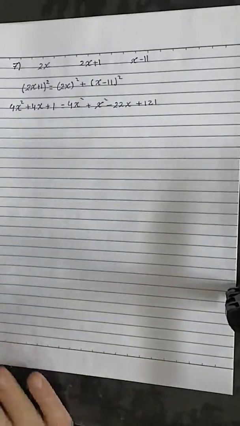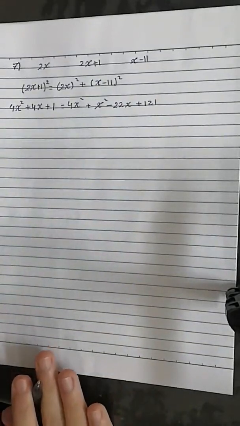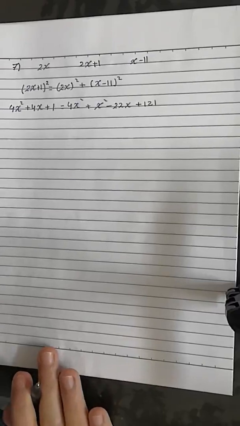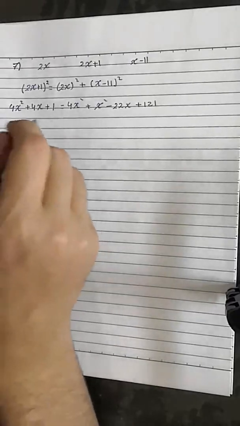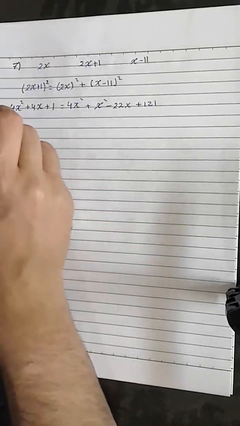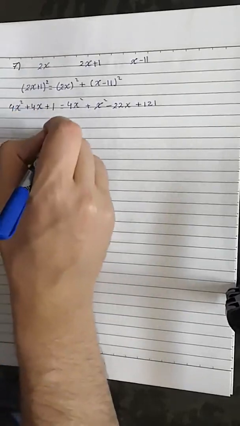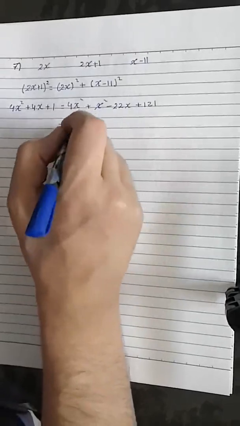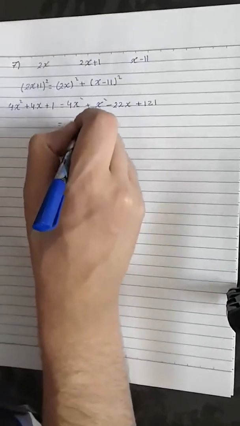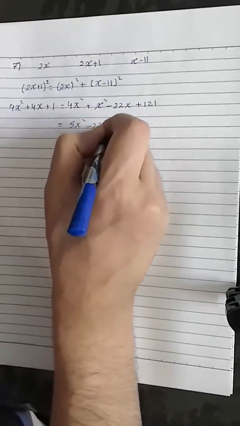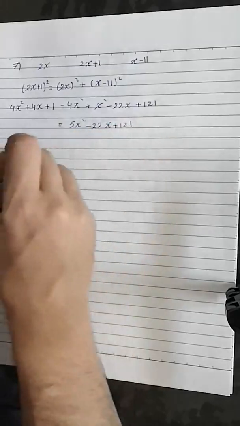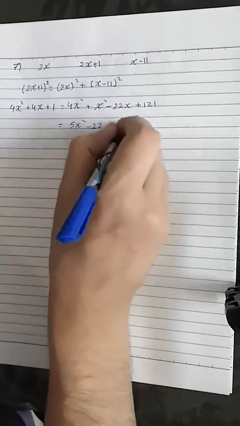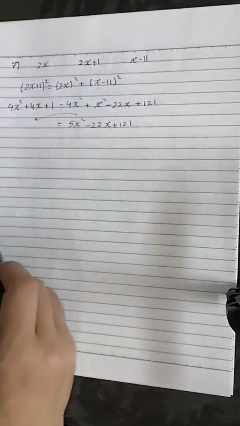Now let's make only one equation. 4x squared, let's keep the side as it is. Now let's simplify the other side. It will be 5x squared minus 22x plus 121. I will send all of the side to the left hand side.